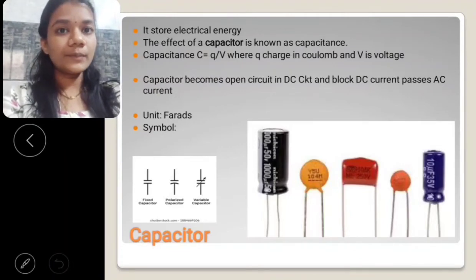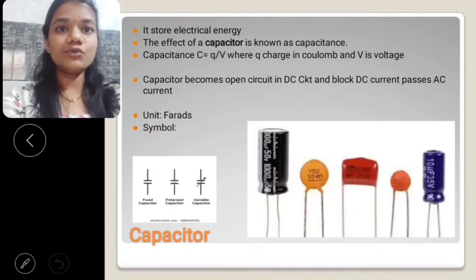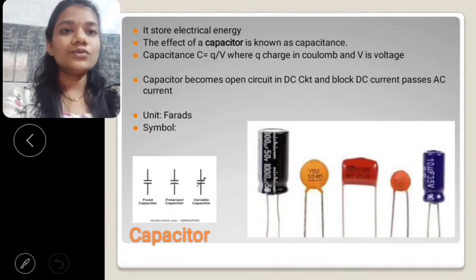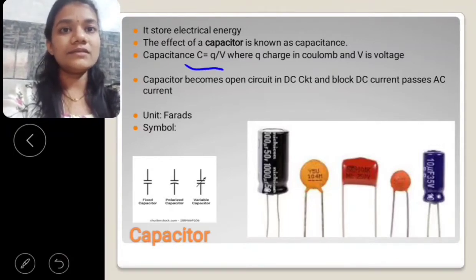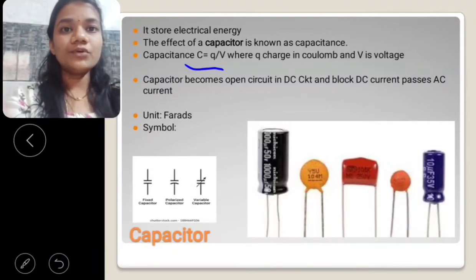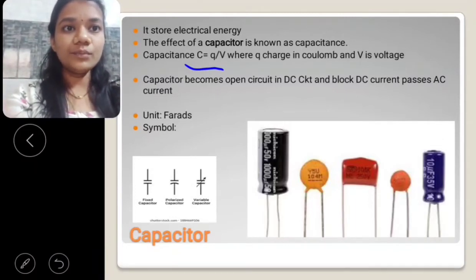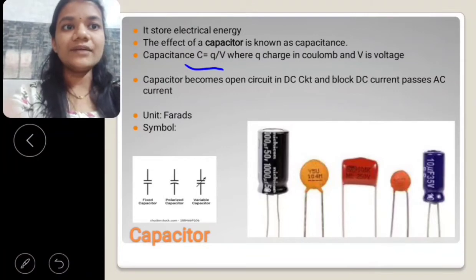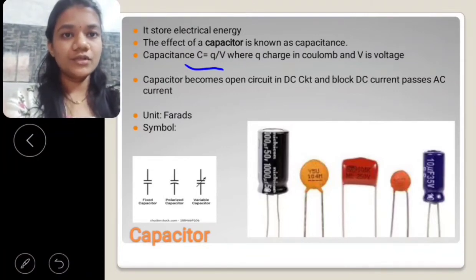The formula for calculating capacitance is C equals Q upon V, where Q is your charge in coulombs and V is your voltage.